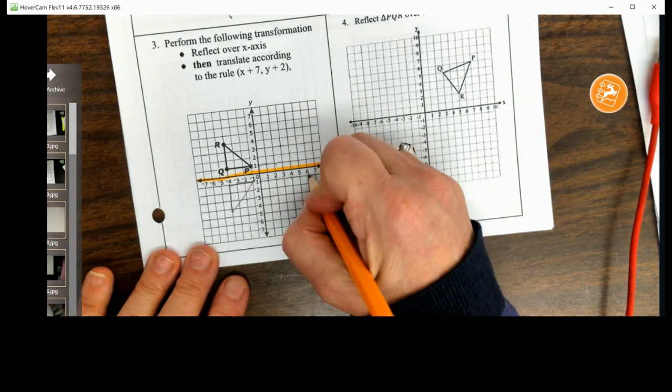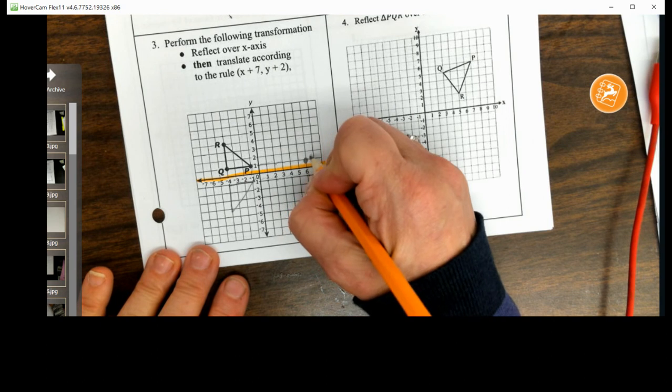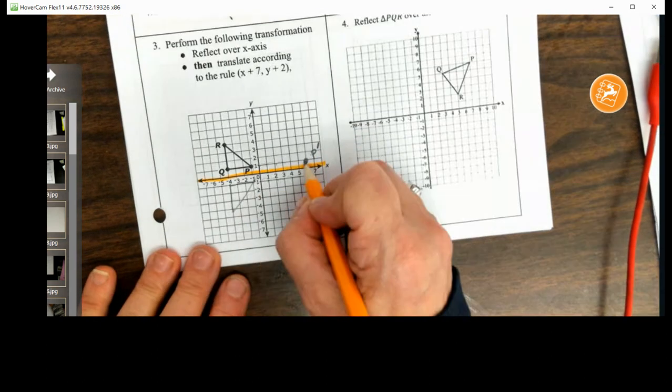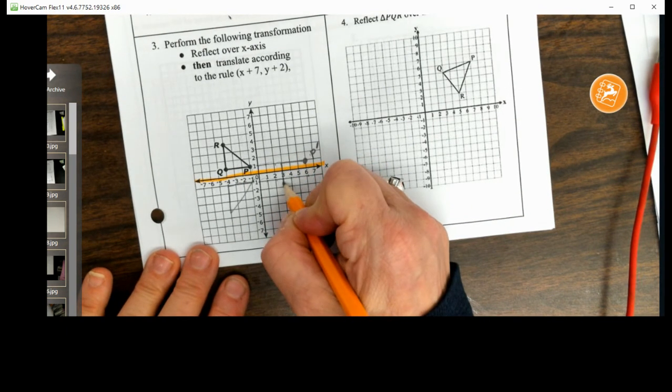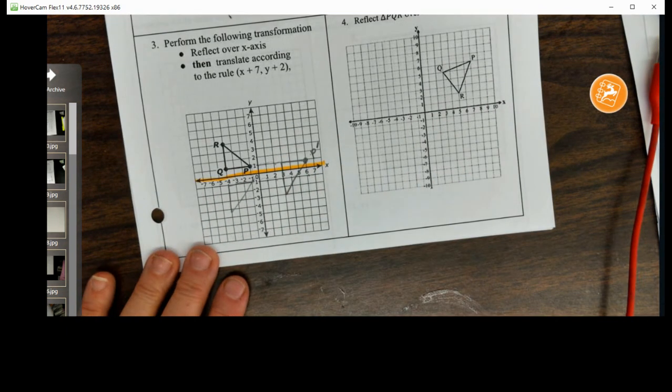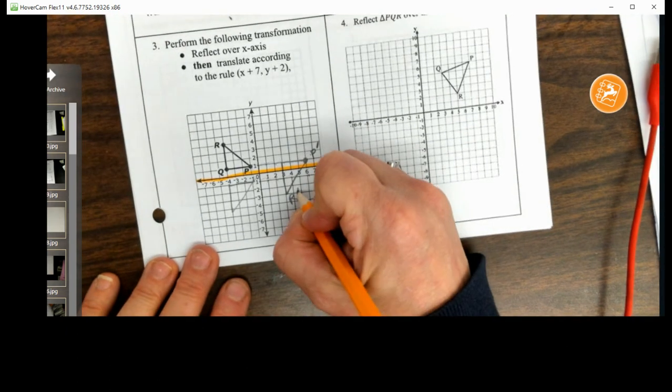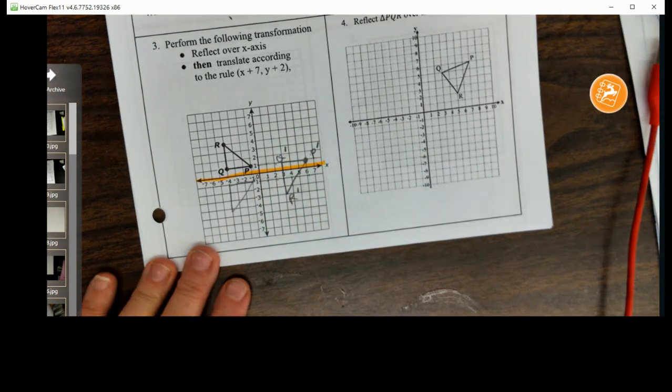And 2 units up, 1, 2. And this is where I get my P prime. And I see, okay, this is what my reflected shape looks like, and it is R prime and Q prime.